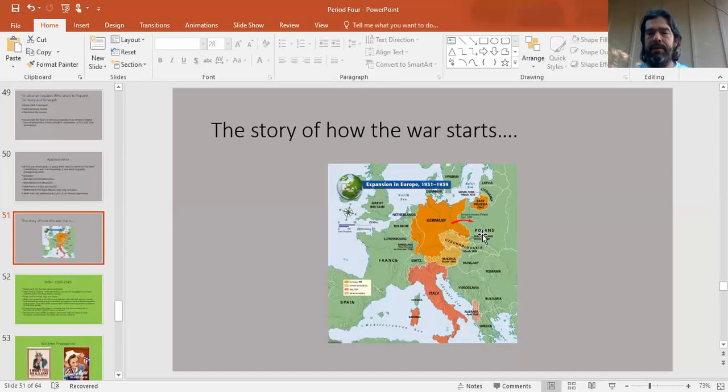After a month in this invasion, the Poles are getting ready to make a heroic last stand. And to the utter horror of the world, the secret part of this agreement kicks in. What they did not make public was the agreement to split Poland between them, and the Soviet army invades from the east.